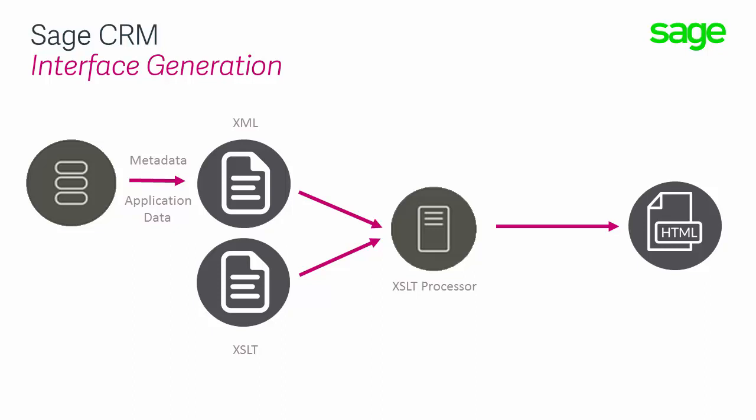What we have inside Sage CRM is the idea that any screen is a result of metadata and application data being combined to create an original source of XML. So the data and screen definitions associated with the device will be retrieved from the database, and Sage CRM will then create an internal XML document.